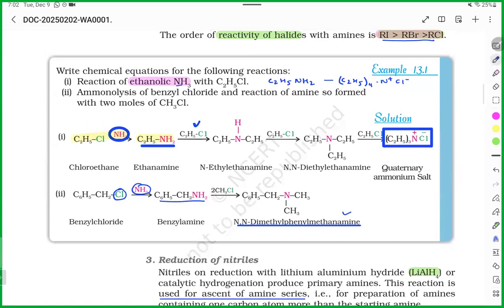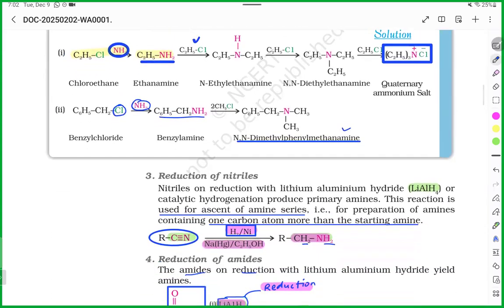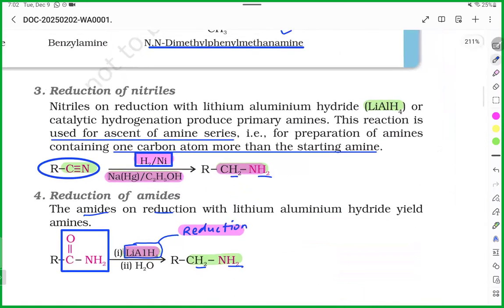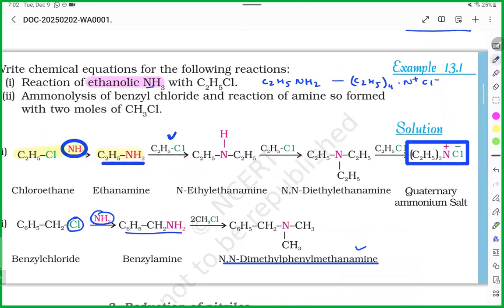So where you were having confusion, because the first part I think everybody must have done, right? Who has an issue in the second part? Sir, can you explain the quaternary salt part? Because I got till tertiary in the reaction, because it is not telling us where we have to stop. It could be the primary, it could be the last. So don't worry, even if you write only this part, this is also correct.